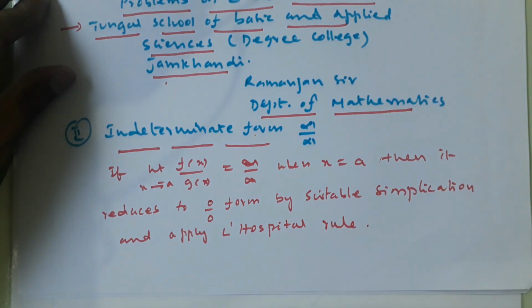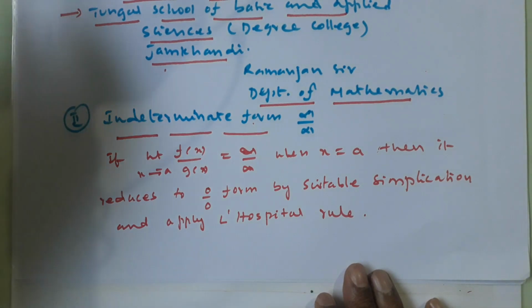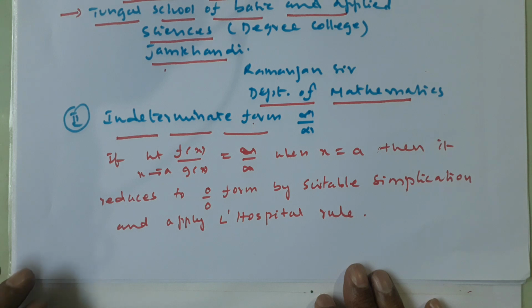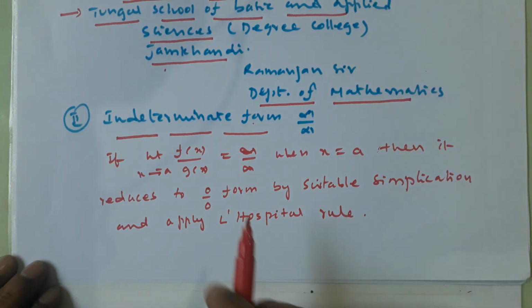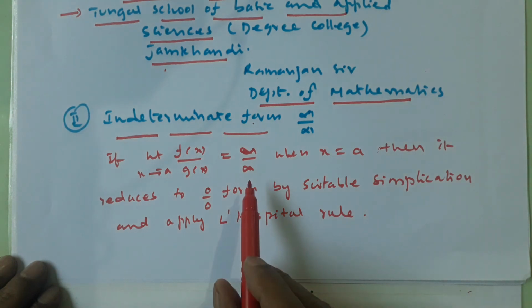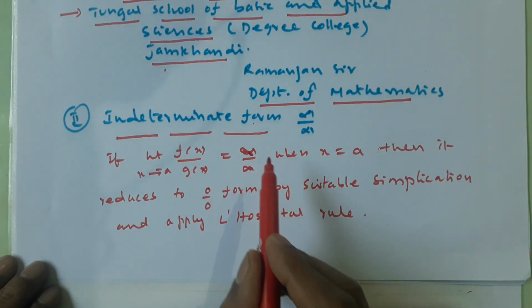Previously we saw how to find the value of the limits when it is 0 by 0; now it is infinity by infinity form.